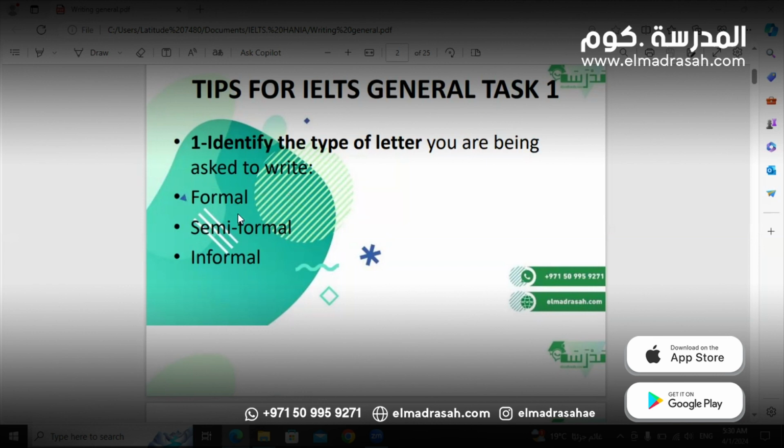Task number 1 is writing a letter. But for task number 2, you will write an essay as a reply to an argument or a problem or a point of view. So this is for the general writing in the general IELTS.